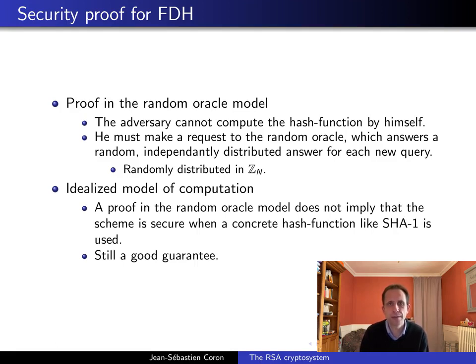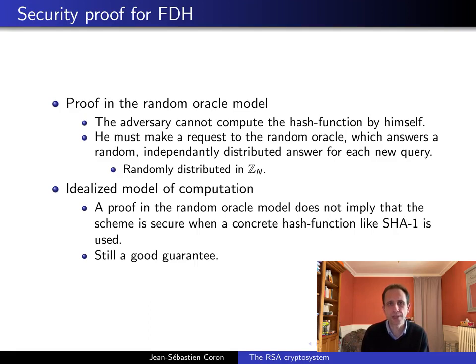Every time he wants to compute the hash of a message, he must query the random oracle, and the random oracle outputs a new value, which is randomly distributed. For simplicity, we are going to assume that the hash value is uniformly distributed modulo n. But we could actually have a uniformly distributed string which will have approximately the same length as the modulus n.